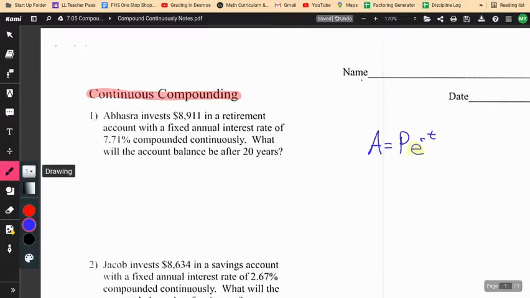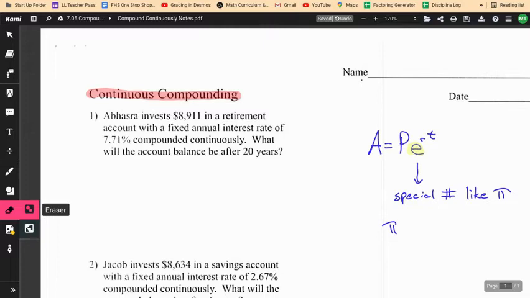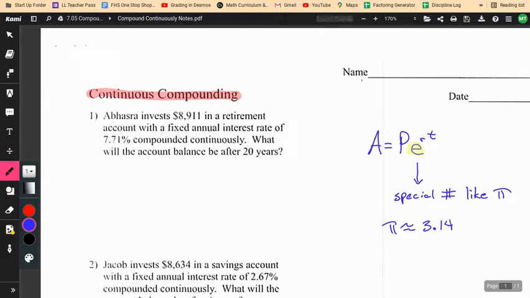So E is a special number, kind of like pi. So I'm just going to put special number like pi. So pi, we know, is a special number. It is a number that we usually round to 3.14. Well, same thing.